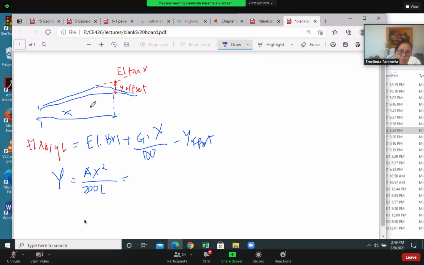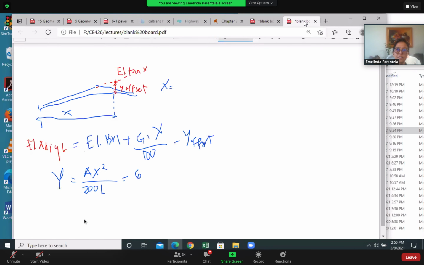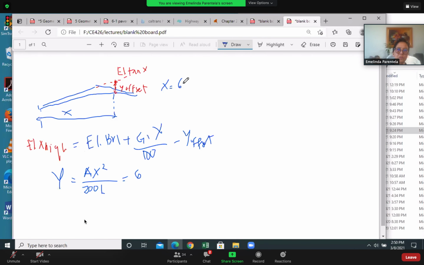So A, what is A? We know this as 4%. This is minus 2. So A is 6, right? And how much is X? We found X earlier. X is equal to 632.67 feet.